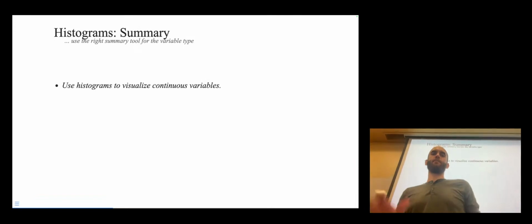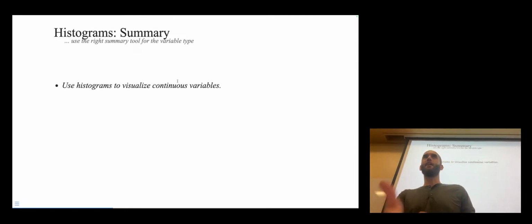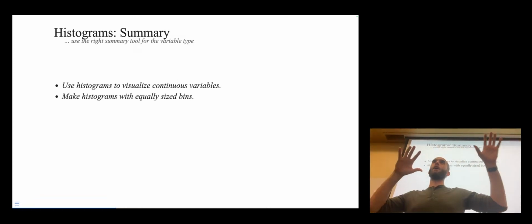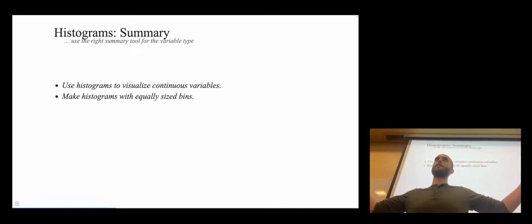So let's just summarize. Histograms are a great way of visualizing numerical variables. Another typo, who's putting these slides together? Just say numerical variables. Almost always we want our bin sizes to be of equal size. Remember that really weird looking histogram from earlier?